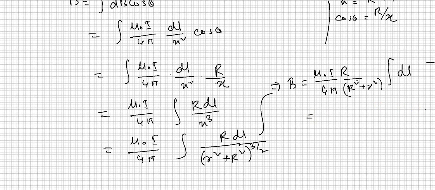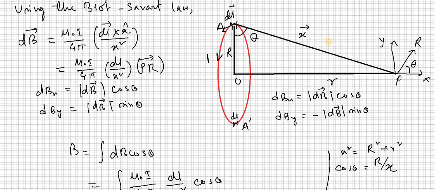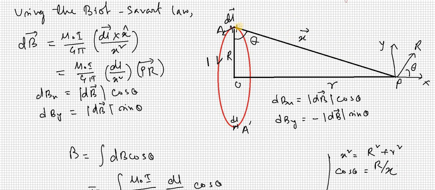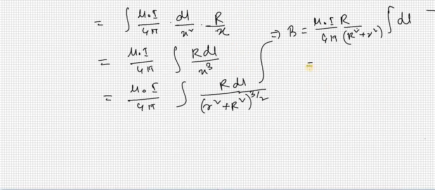If this is the elementary length on the circular wire, and we take the integration over dl, we get basically twice pi R, the circumference of the circular wire.